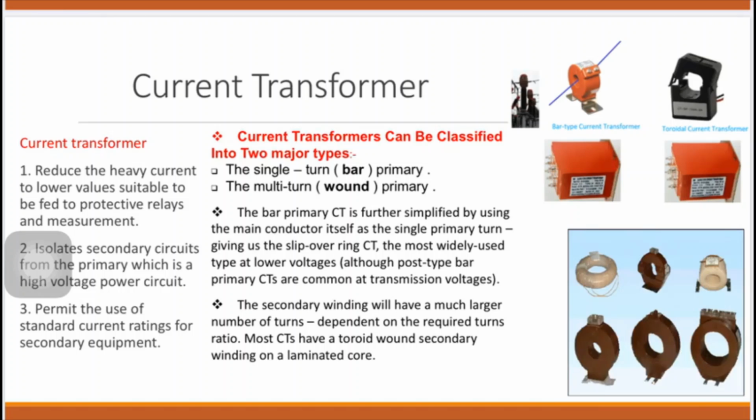You can see the ratio of the current transformer is 400/1 or 500/5. For example, 400/1 means the primary current is 400 ampere and the secondary current is 1 ampere. So what does a current transformer do? It reduces the heavy current to a lower value.